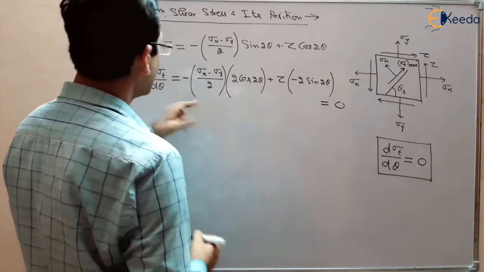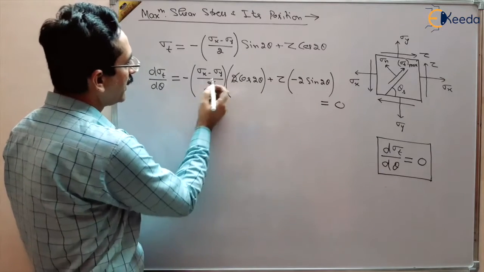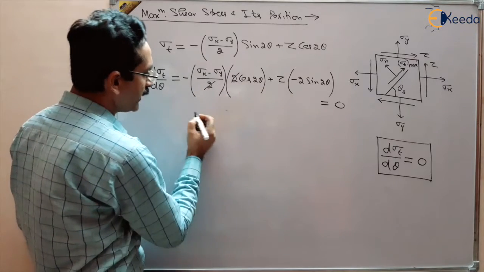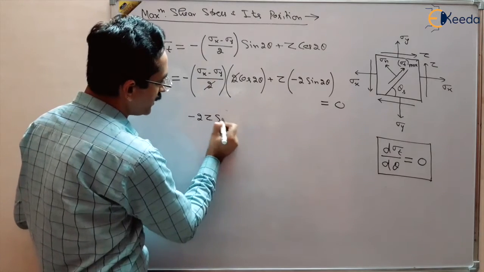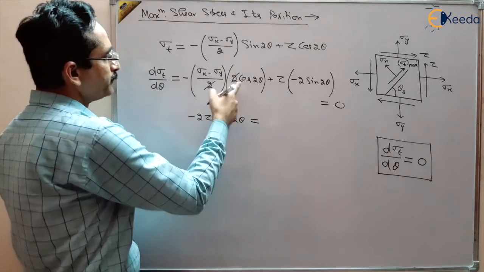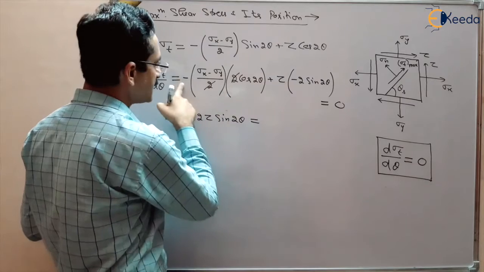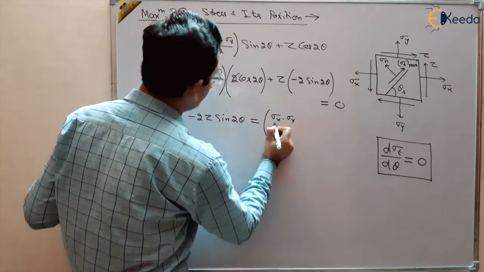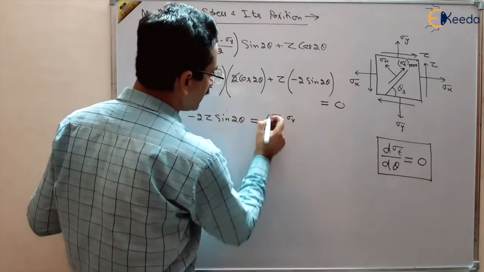So from here, the 2 and 2 cancel. Take sine 2 theta on one side and cos 2 theta on the other side. So we will get minus 2 tau sine 2 theta equal to minus, and when this comes to this side, it will become positive, so plus (sigma x minus sigma y) cos 2 theta, and the 2 has already vanished.